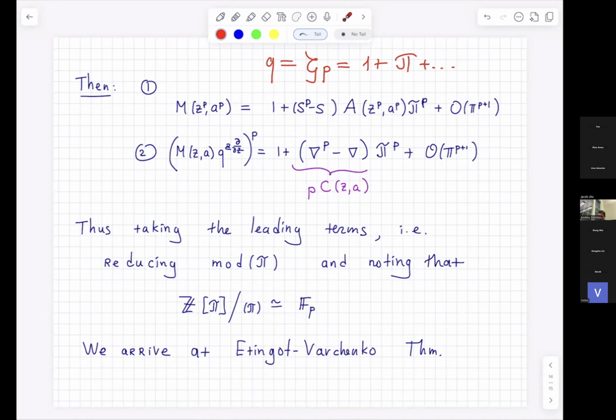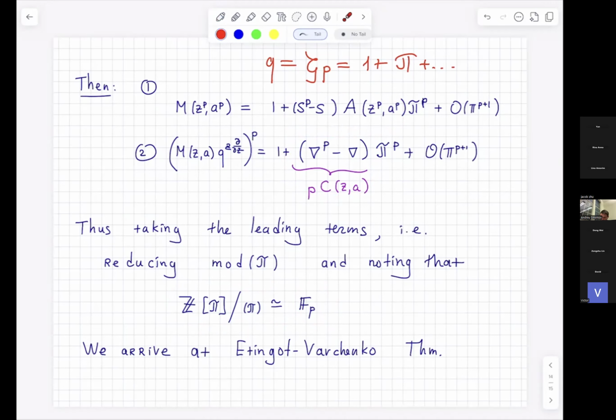And so, taking the leading terms in this expansion may be formalized as taking coefficients modulo this ideal. So in particular, you land in the finite field. And so after doing all this, you prove that the spectrum of this coefficient here and the spectrum of that coefficient here, if you reduce all the coefficients to the finite field Fp, is the same.